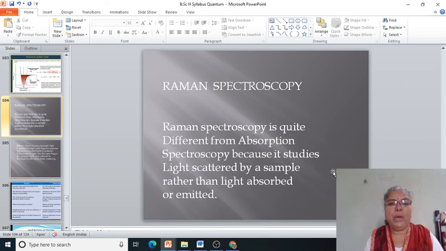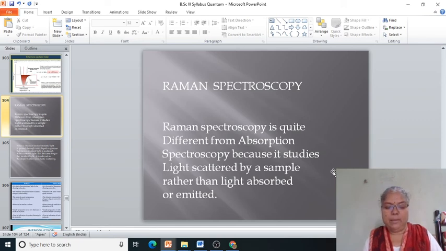Then you have learned the rotational spectra of a diatomic molecule, that is, for the rigid rotor model. Then the concept of moment of inertia, and the energy level diagram for the rigid rotator.